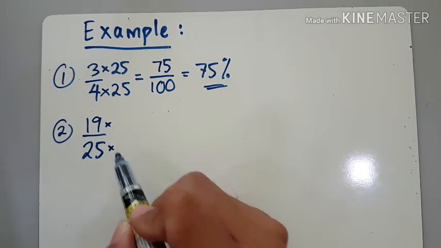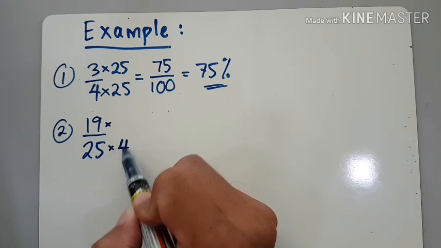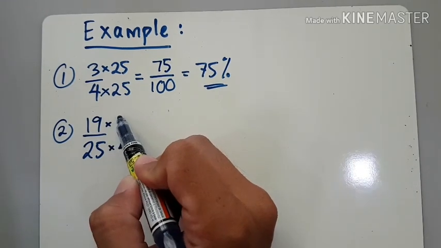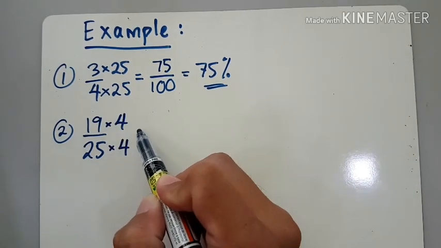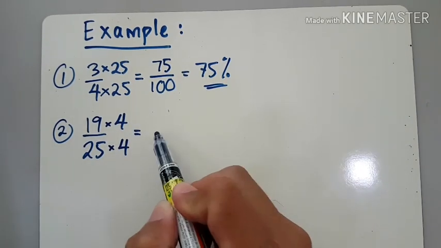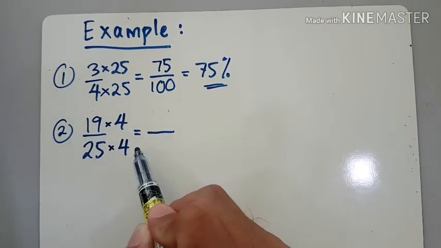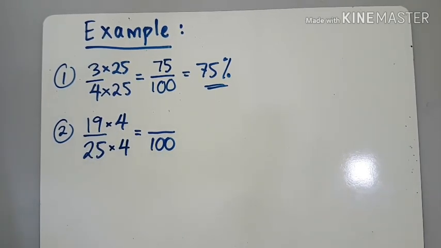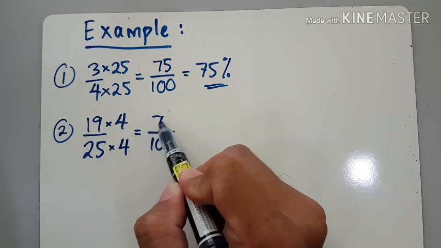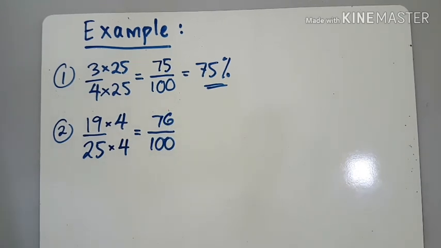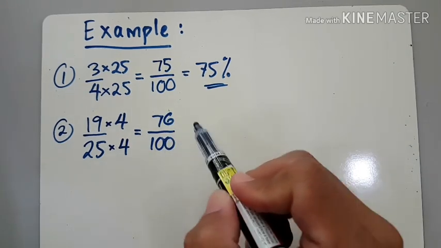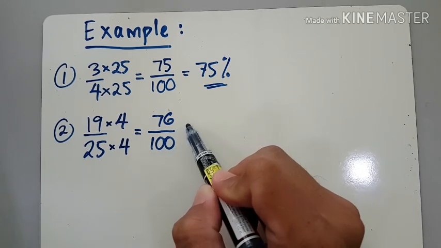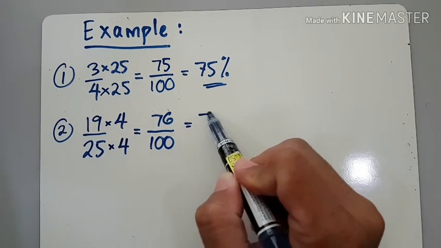Yes, 25 you multiply by 4. The same with the numerator, you multiply by 4. Now we calculate. Of course, the denominator straight away is 100. So numerator 19 multiplied by 4, the answer is 76. So from this 76 over 100, the answer is 76%.